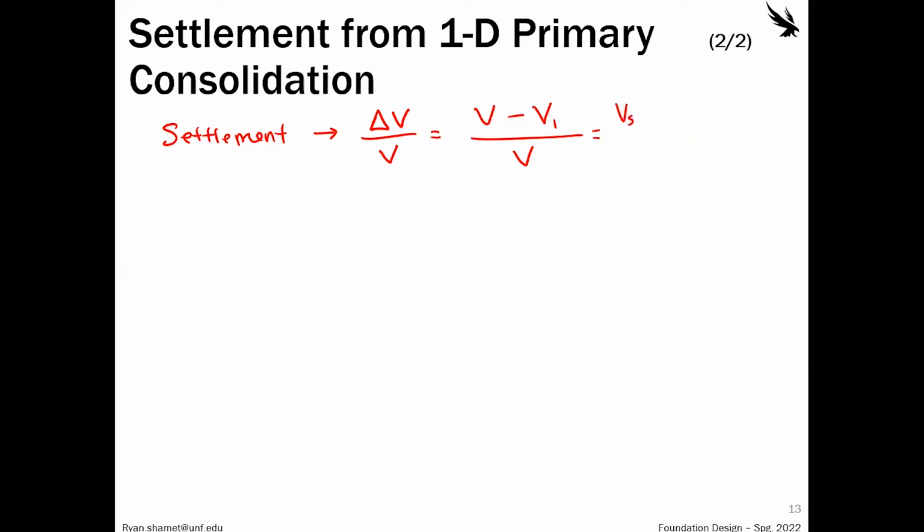So we have the volume of solid times 1 plus e, the original e, minus the volume of solid times 1 plus e subscript 1, divided by Vs times 1 plus e. Again, these equations were from the previous slide. These are from the different time steps.